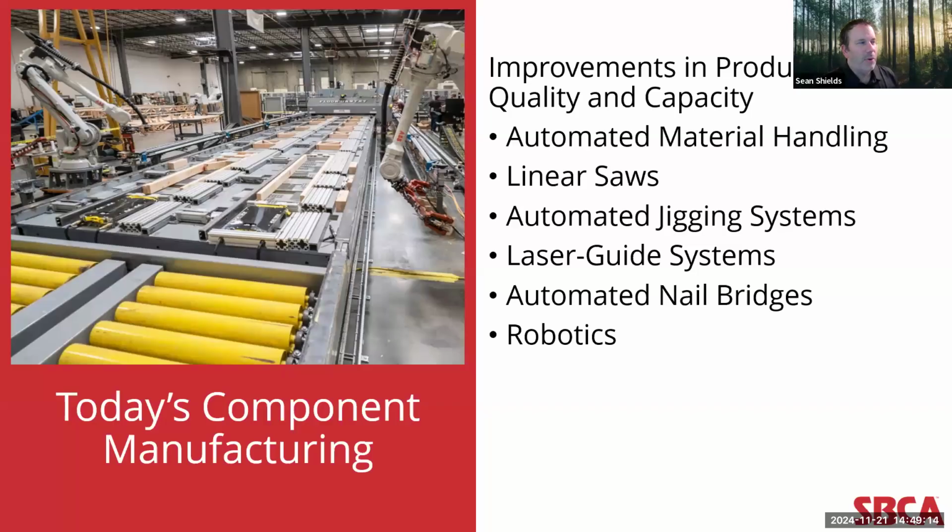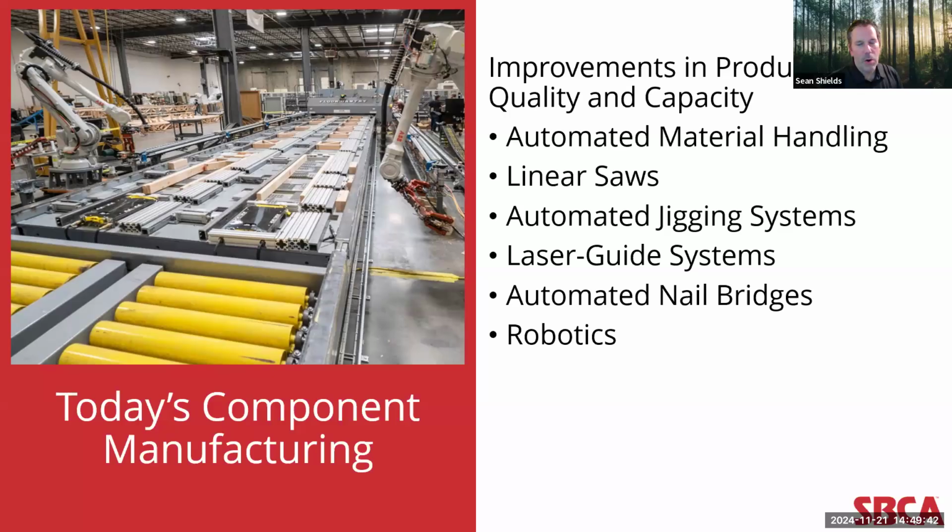So, I put a photo of robots up on the screen just to show where the industry is going. This is certainly not mainstream at this point, but along that continuum, there has been a lot of investment in things that have drastically improved the manufacturing process, both from a precision and quality standpoint to just production efficiency.